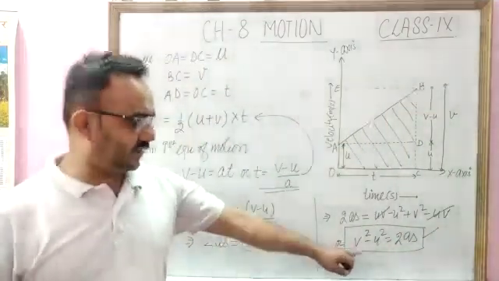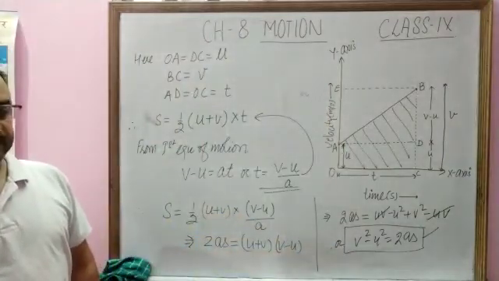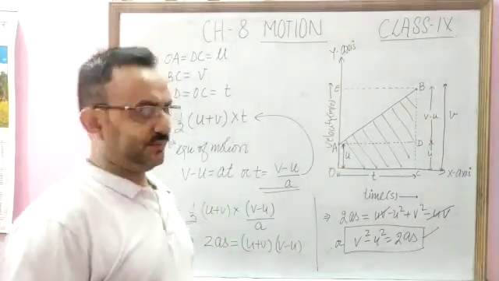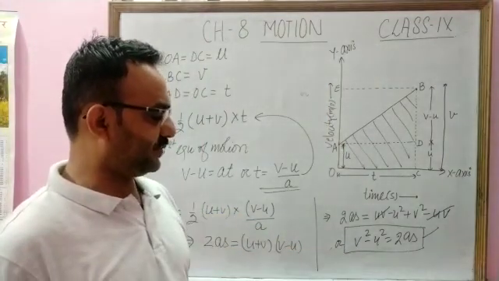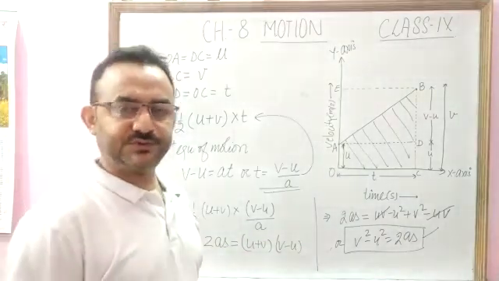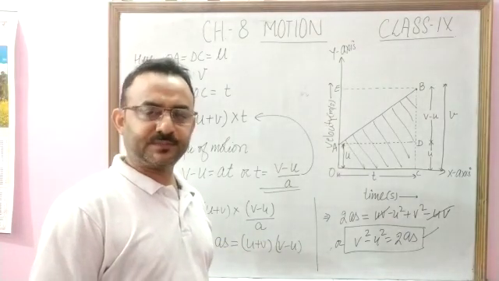This is all about the third equation of motion we have derived here: v square minus u square is equal to 2as. Clear? Okay.